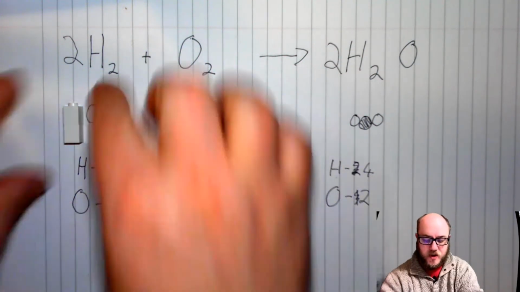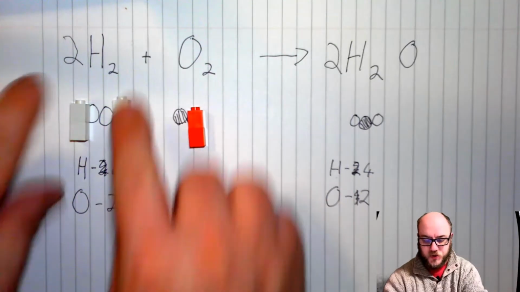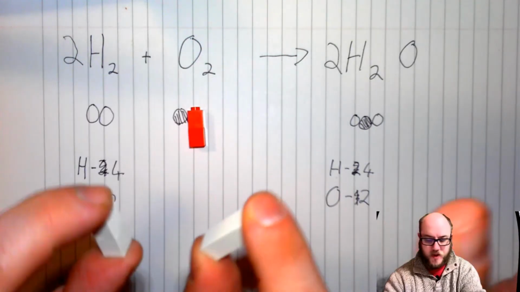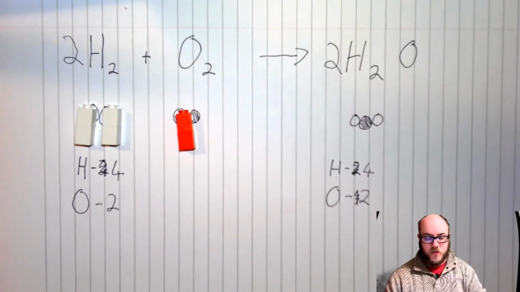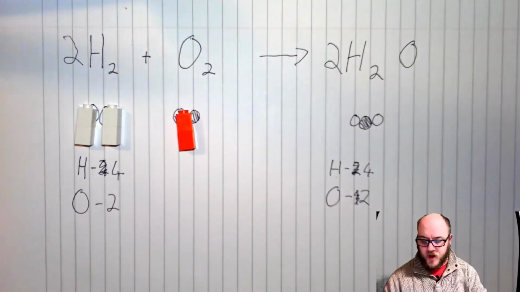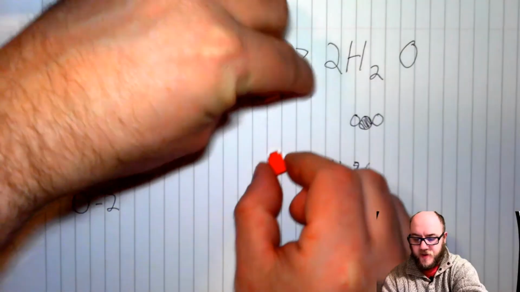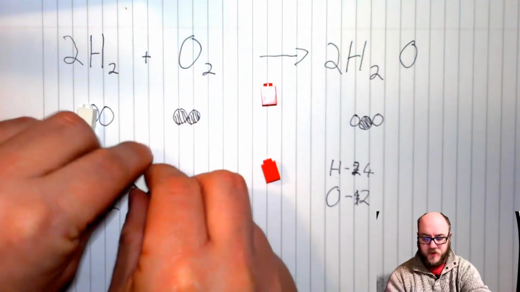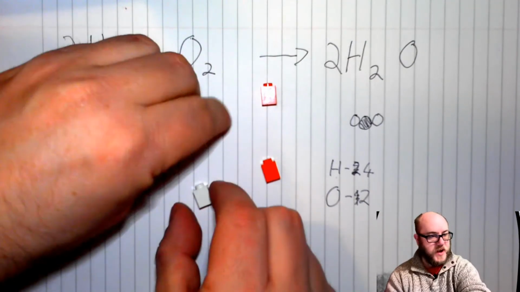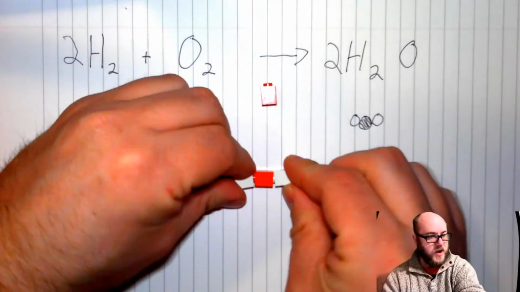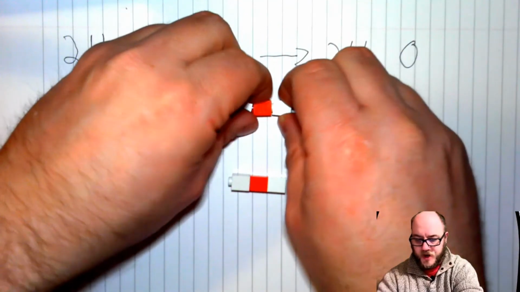I have 4 hydrogens, 2 hydrogen molecules, 2 H2. Okay, there they are, 2 hydrogens, and 1 oxygen molecule. Okay, 2 oxygen atoms. I'm trying to make water. So I can split this apart, split these apart, and in my reaction, my hydrogen atoms bond with my oxygen atoms.